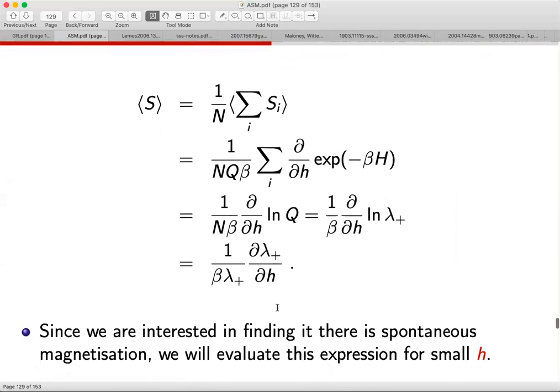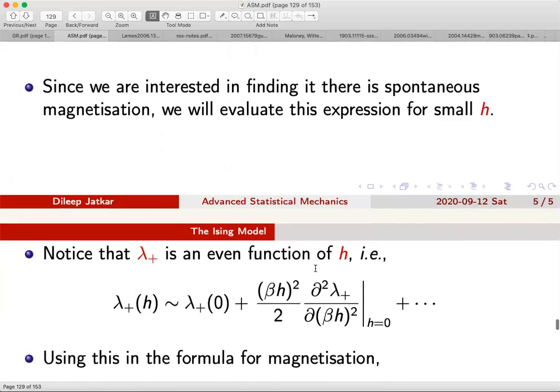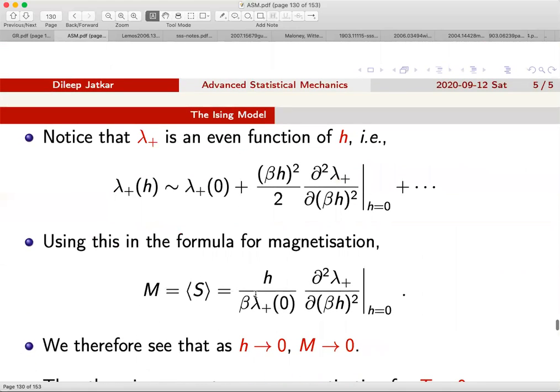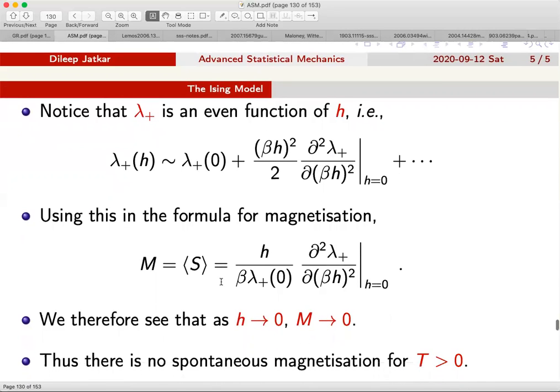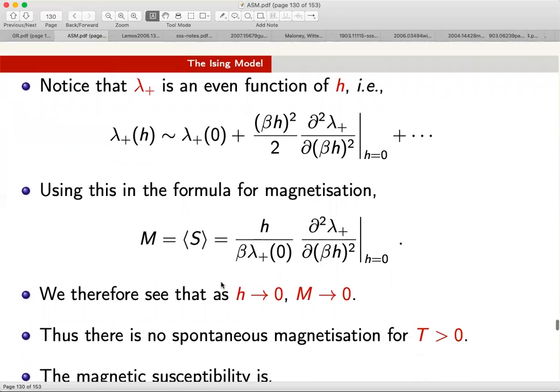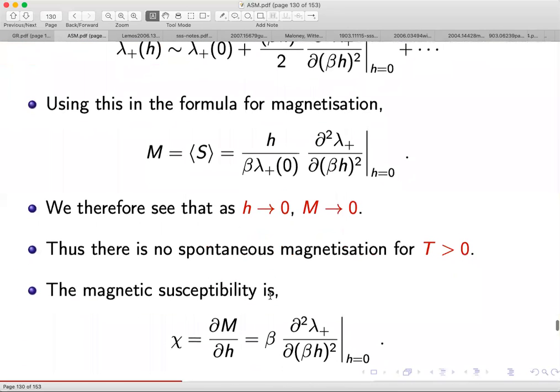But you find that lambda plus is such that this expression actually is linear in H, and therefore the magnetization would vanish as the external magnetic field goes to 0. Which is consistent with what we had expected, that the system may not have spontaneous magnetization. We also had seen that the free energy does not develop any non-analytic behavior, which is considered to be a signature of phase transition.